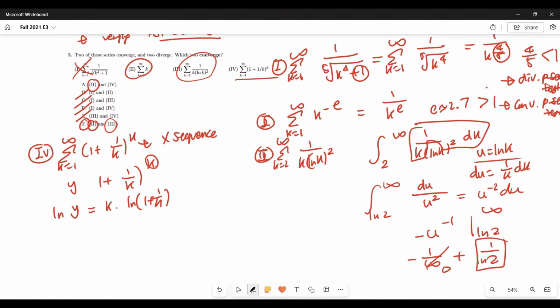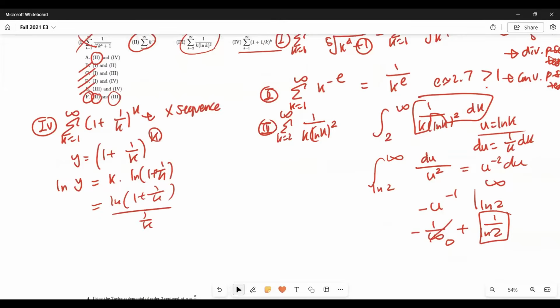I'm just going to erase it because I didn't put ln on both sides, and I wanted to explain why the k comes down. And then you can write this as ln of 1 plus 1 over k, over 1 over k, to make it in the format of L'Hopital.